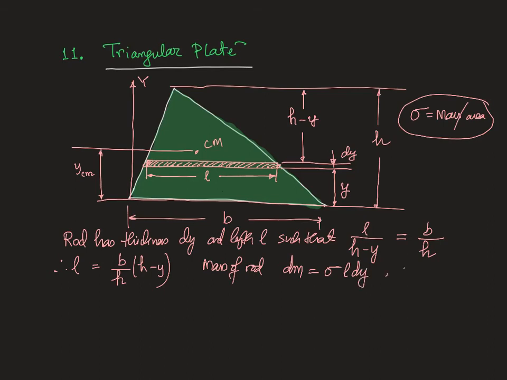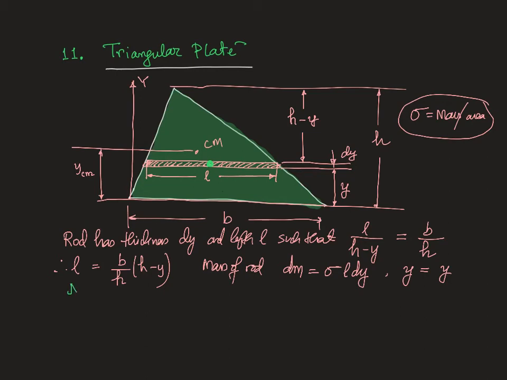And the y coordinate of the center of mass of the rod is y itself. See here, this is the center of mass of the rod. The whole rod you have to replace by a point mass, same as that of the rod, but the point mass would be located at its center of mass.